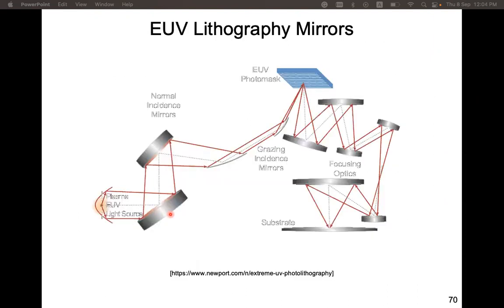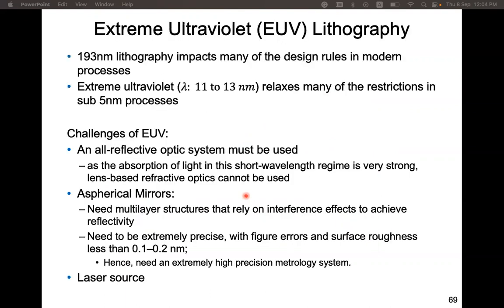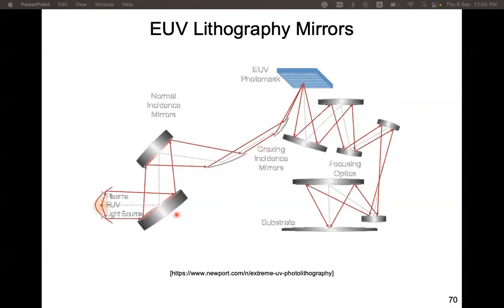And the system is like this: mirror system, EUV light source, a lot of mirrors. This is for the mask, and finally defined to the wafer. And many mirrors, like this mirror, is not a flat mirror; it's curved.